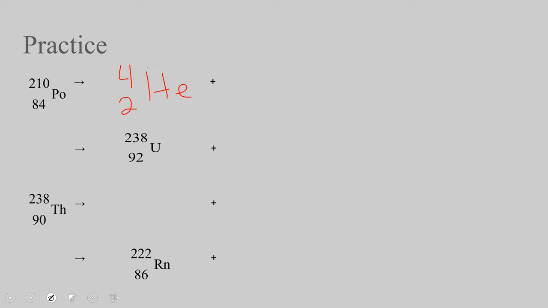Once you get rid of a helium nucleus, we know that our mass is going to decrease by 4. So 210 minus 4 is 206. And then 84 minus 2 is 82. Now, you just look at your periodic table, you find the element with the atomic number of 82, and then you write that symbol down.